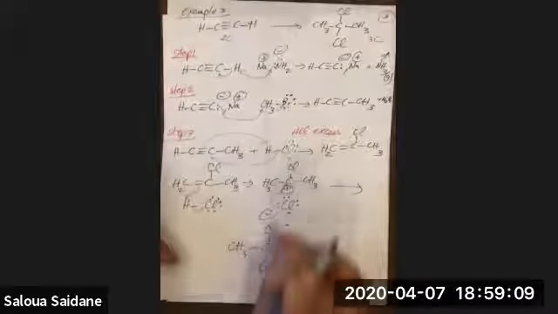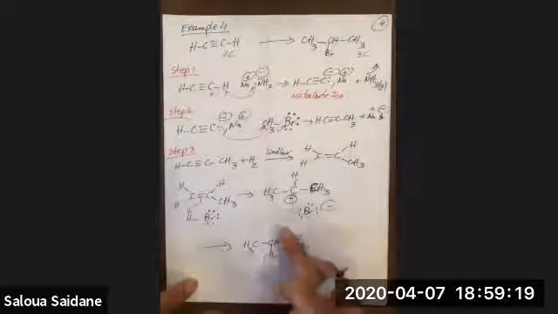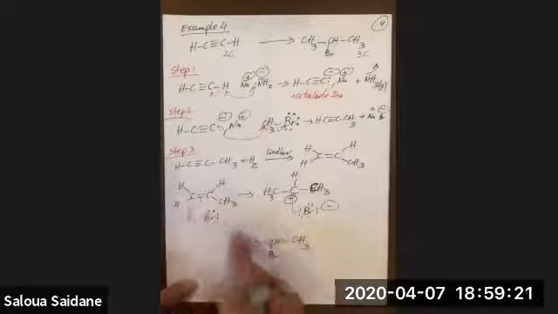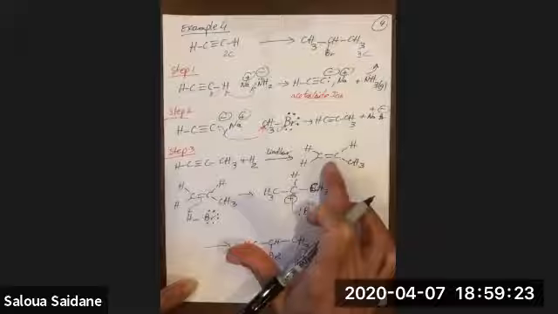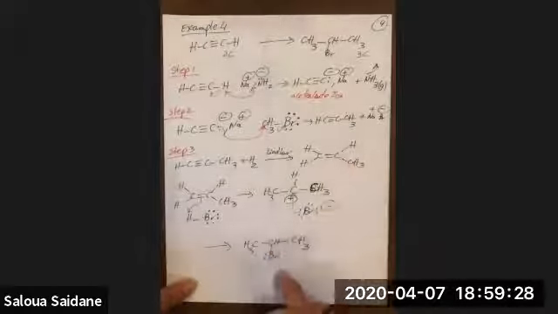So to avoid getting the gem dibromide there, the gem, meaning twice the bromine on the same carbon, we want to keep it clean. It's cleaner if you do the Lindlar, get an alkene and add an HBr.